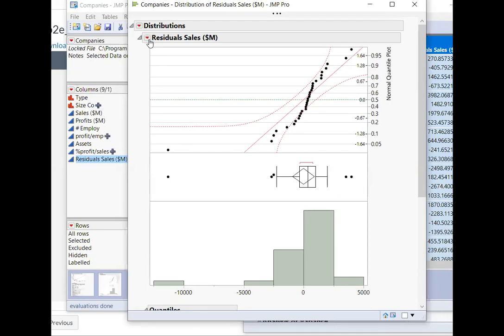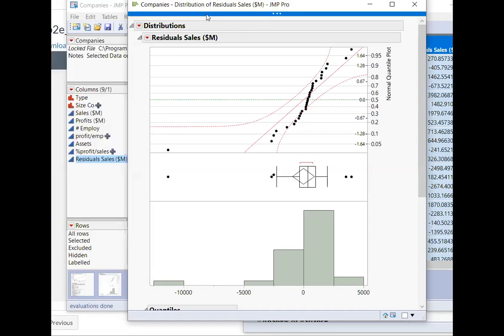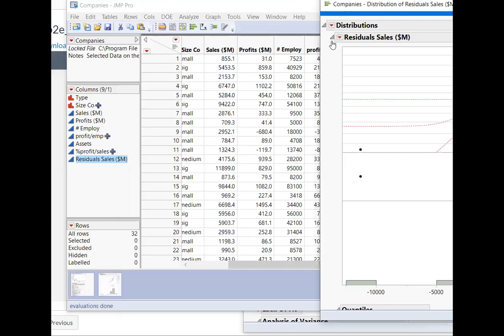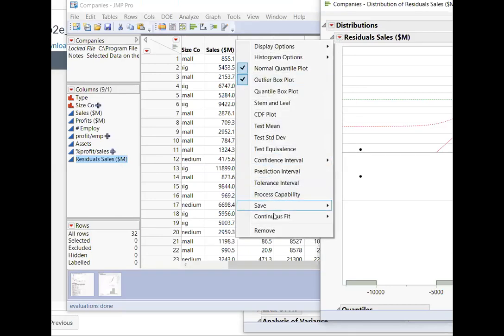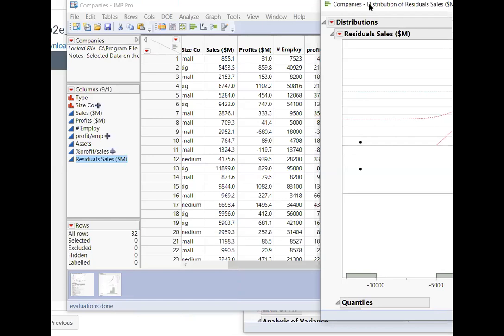Okay. So the other method that we learned earlier was using the Shapiro-Wilk test. I'll go very fast over it; you have another video recorded where I explain this completely. So you go to the red triangle, go down here to continuous fit, and enable legacy fitters.